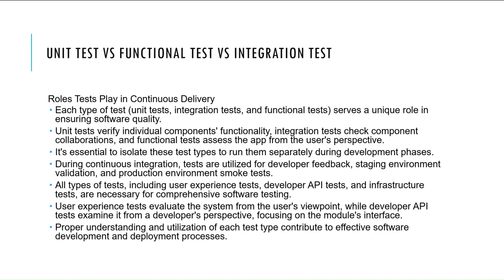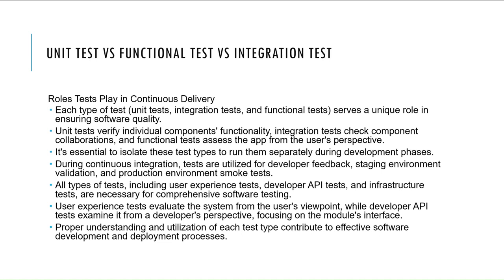During continuous integration, tests are utilized for developer feedback, staging environment validation, and production environment smoke tests. All types of tests, including user experience tests, developer API tests, and infrastructure tests, are necessary for comprehensive software testing.